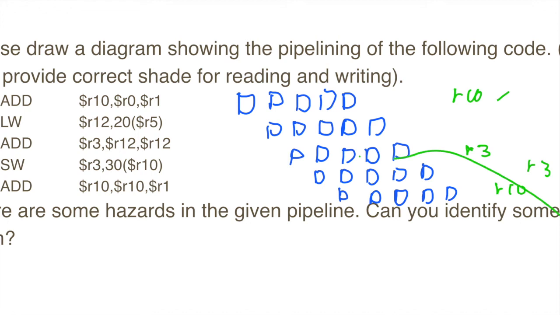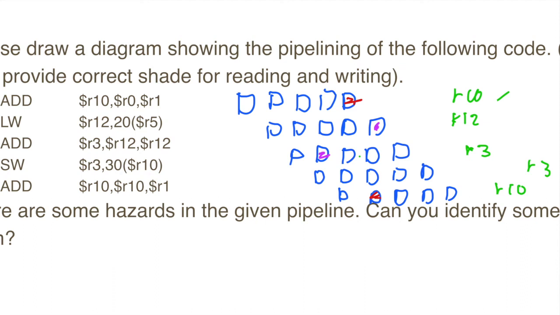So we write to R10 here, and we have to read from R10 here. So for R10, we don't have structural hazard. Oh, sorry, data hazard. This one writes to R12. Alright, maybe I use another color. R12 here. Do we need R12 somewhere? Yes. Where is it? We need it here.